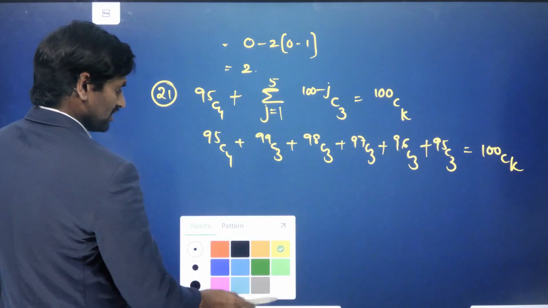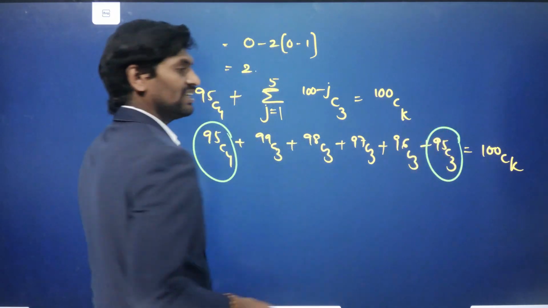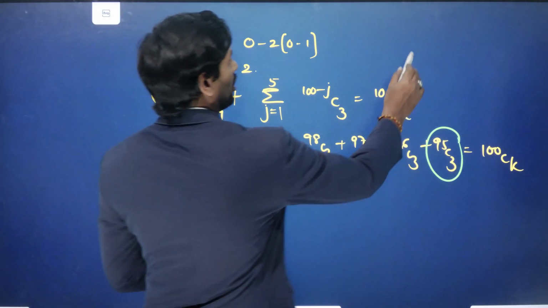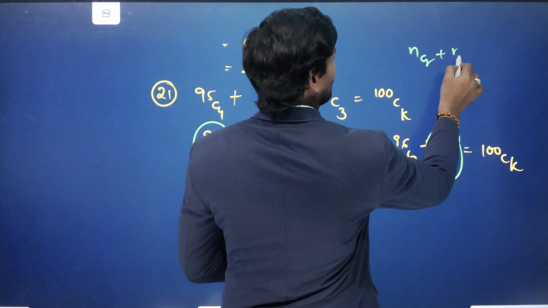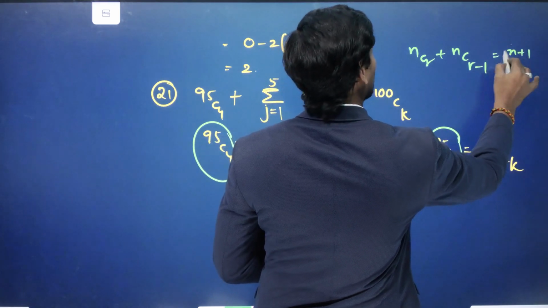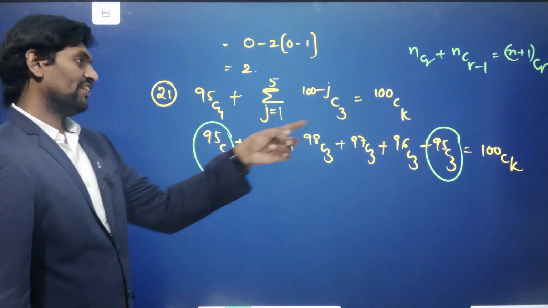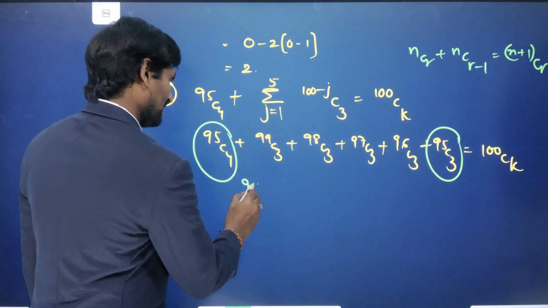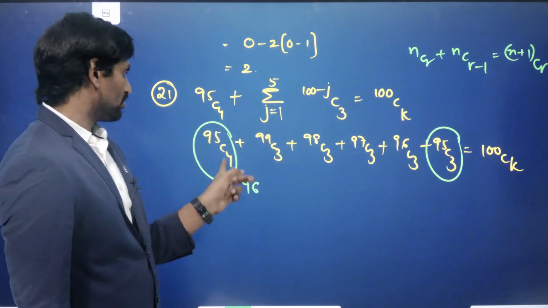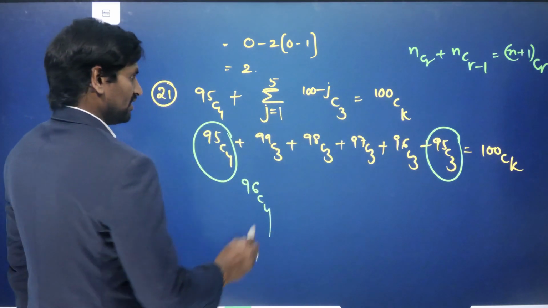Now check here these two terms, 95C4, 95C3, write it together, it is in the formula of NCr plus NC r minus 1 equals n plus 1 Cr. Same formula if I apply that, 95 plus 1, 96, r means the greater one, so 4 and 3, greater value is 4, 96C4. Okay?